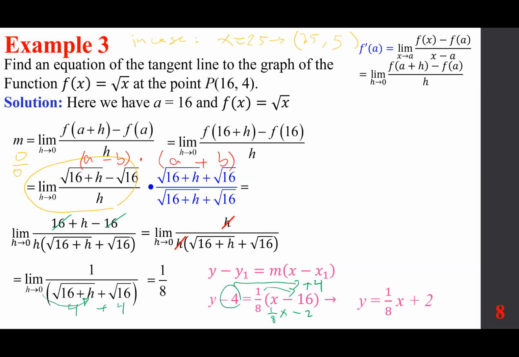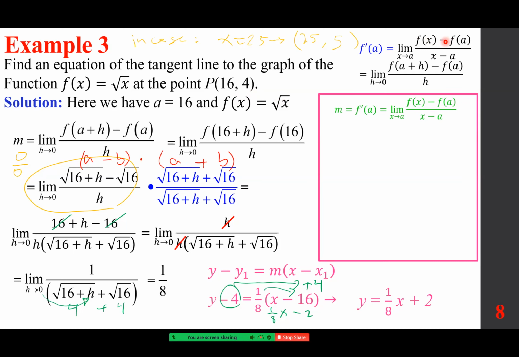And again, assuming you trust that this is correct, what you can do to check is put the pair in. When you replace the x with 16, you should get the same y coordinate, because this point belongs to both the function as well as the tangent line. Now, what I want to do is use this one to calculate the slope, again just for practice.